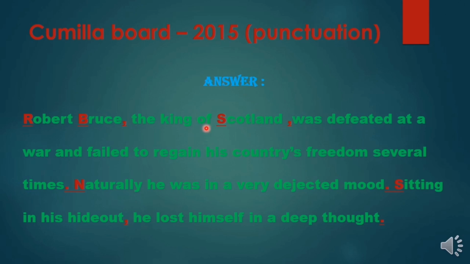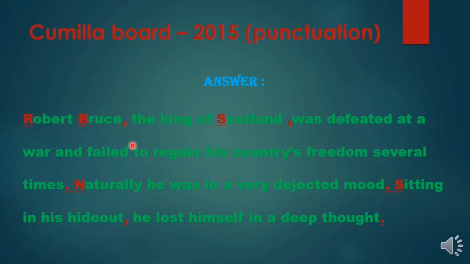I have colored these words and the punctuation marks, but you don't need to write it in different color. You can only underline the punctuation marks and the capital letters. So we will not be in delay. Let's start solving this one.